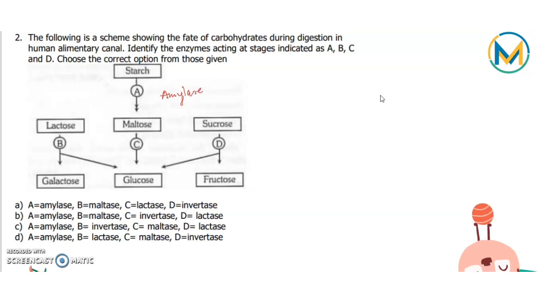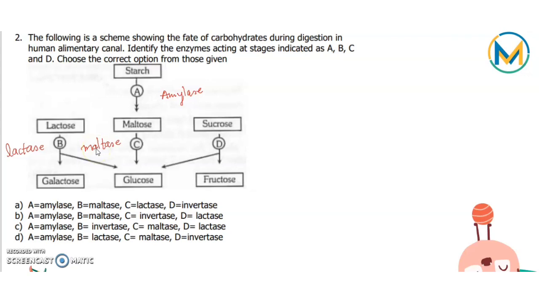Next is the enzyme required for the lactose to convert glucose and galactose, and this enzyme is nothing but lactase. Next is maltose, which is converted to glucose, and the enzyme required for this conversion is maltase.